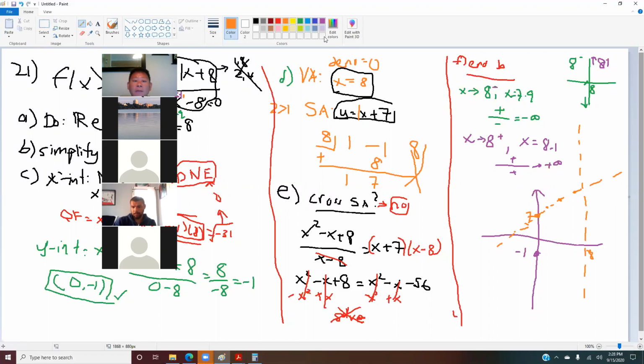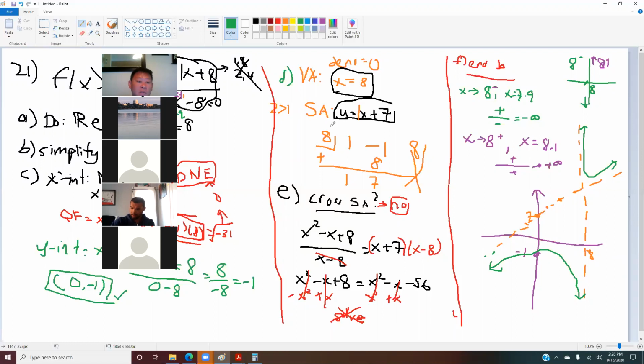And then end behaviors are telling us that this goes down here and this goes up. So this one looks exactly like the previous question we did. It will go something like this, and then it goes parallel to this asymptote. And then this one will go something like that. And this will not cross the x-axis because there's no x-intercept that we figured out. So this is what your graph will look like.